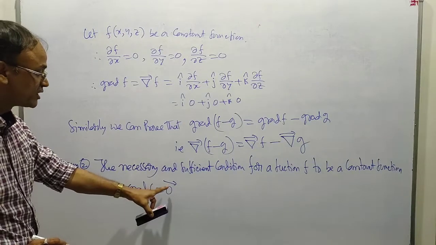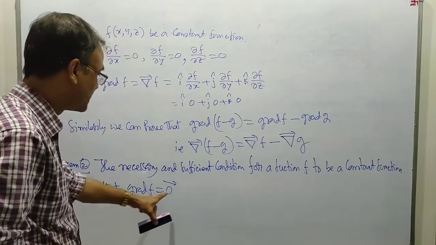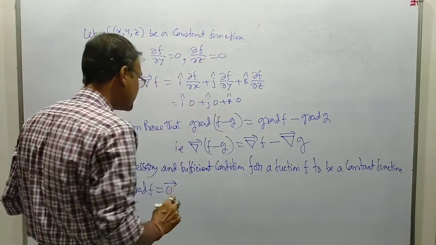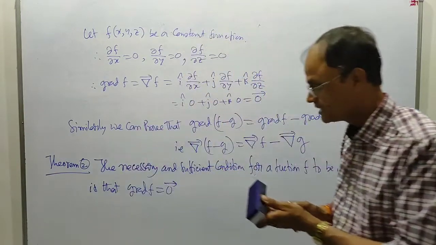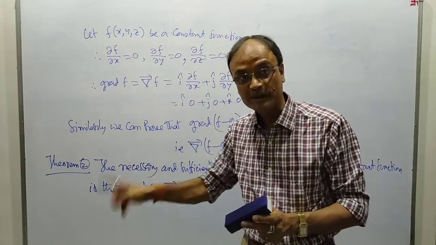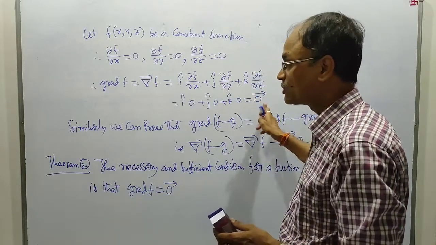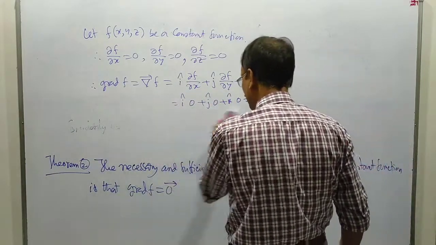It is a vector notation because the gradient of a scalar function is a vector function. Therefore, we should write the 0 vector in place of 0.